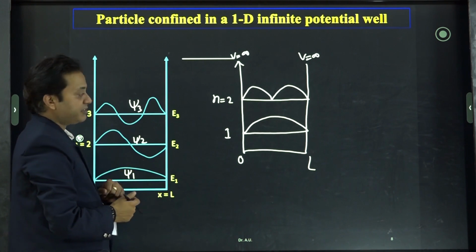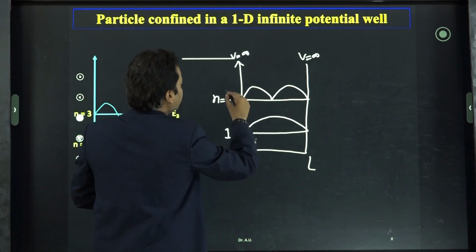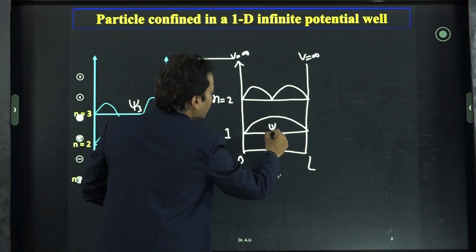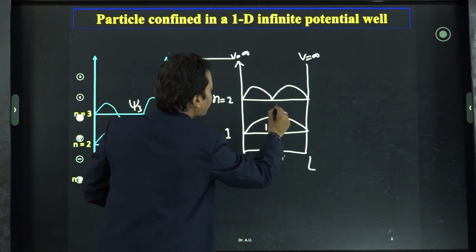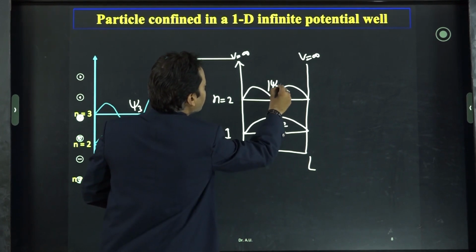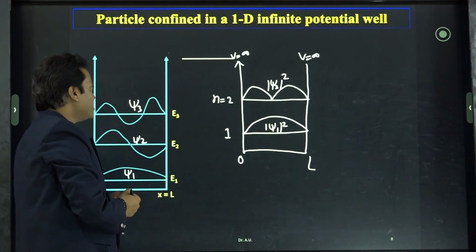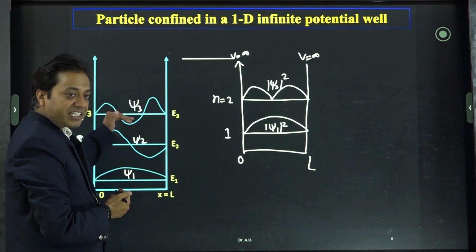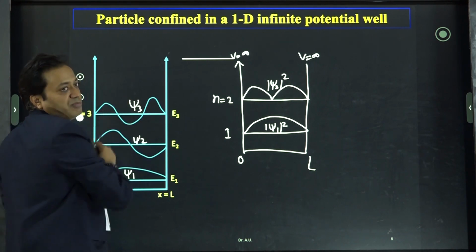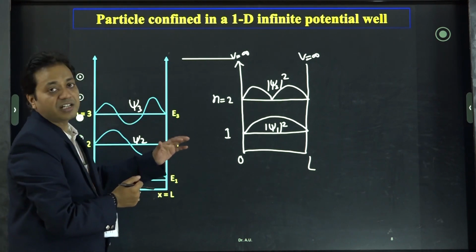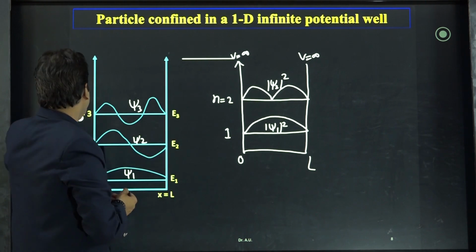There will be no negative for the square of the wave function. So this is psi 1 square, this is psi 2 square. Can you plot psi 3 and psi 4? Whatever is coming negative, it will be only positive. Try and make psi 3 and psi 4 also.